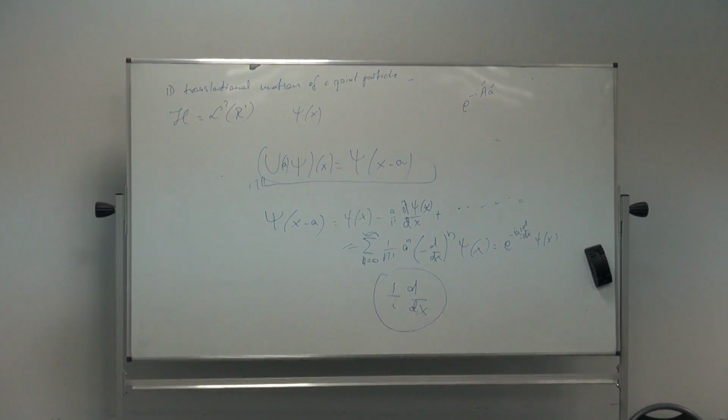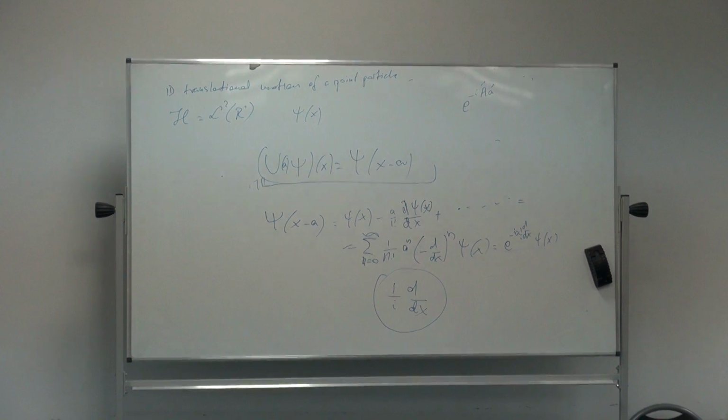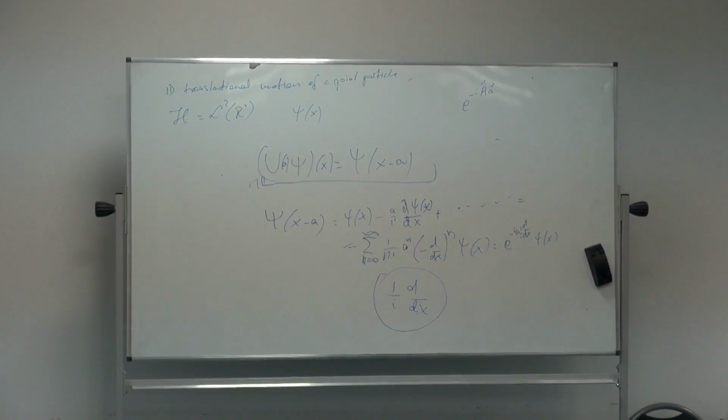Why? Because if I would choose this as a momentum, then the dimensionality will not fit. It would be 1 over centimeter, 1 over length in SI. And what I want for momentum is kilogram times meter over second.